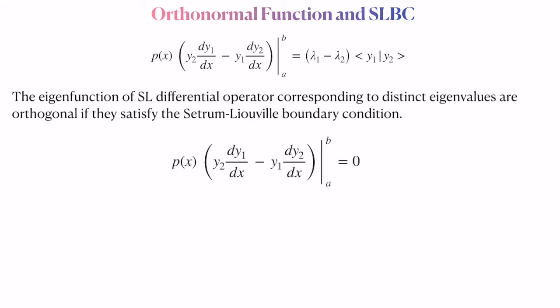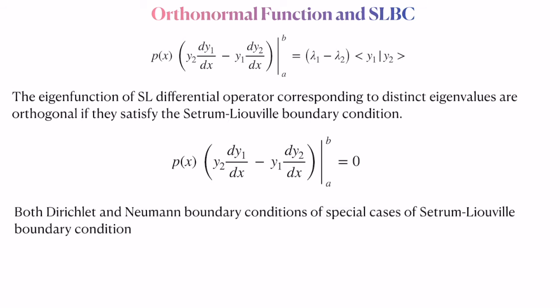The Sturm-Liouville boundary condition is that p of x into y2 into dy1 by dx minus y1 into dy2 by dx, evaluated on the boundary a and b, should be equal to 0. If they satisfy this boundary condition, then the eigenfunctions are orthonormal. Since we already know they are linearly independent, we can say that they form a basis for any L2 function in the interval a to b.